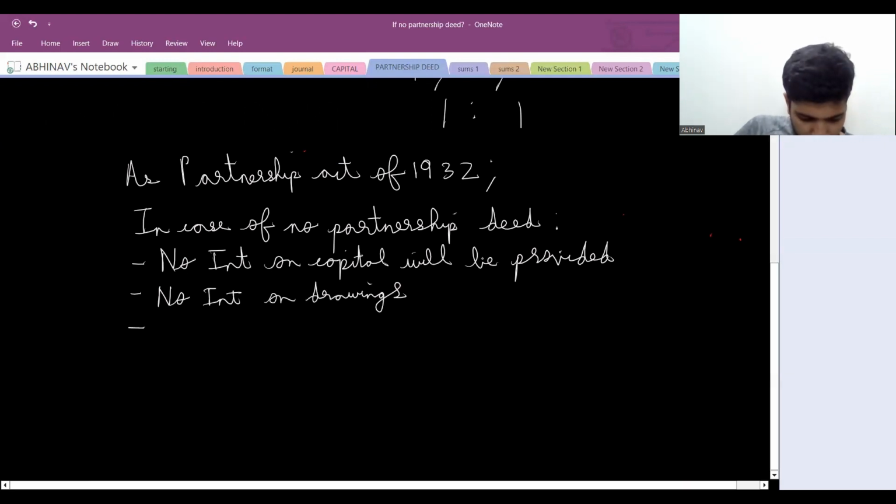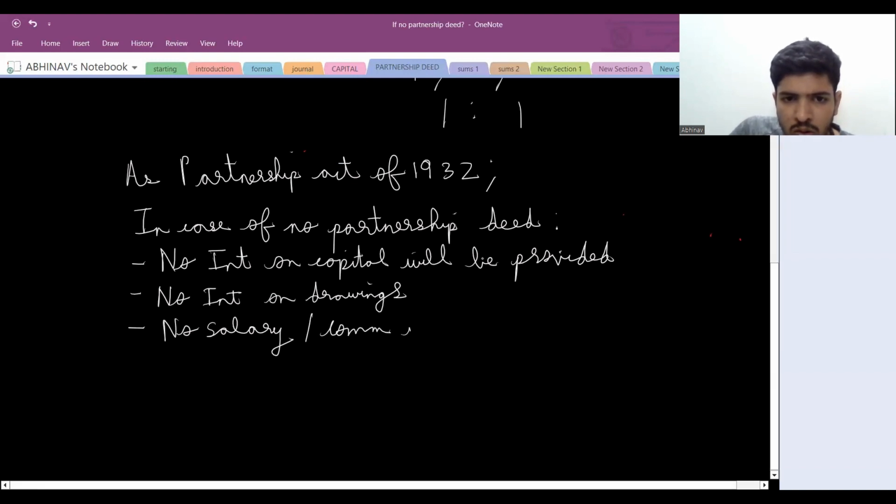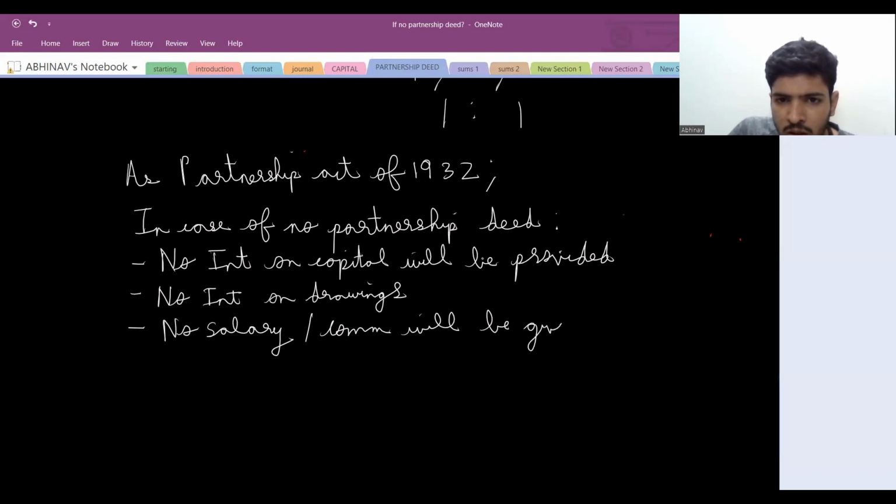Then no salary or commission will be given to the partner.